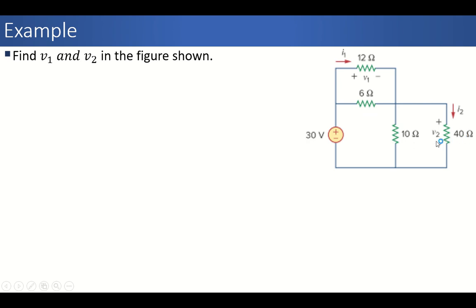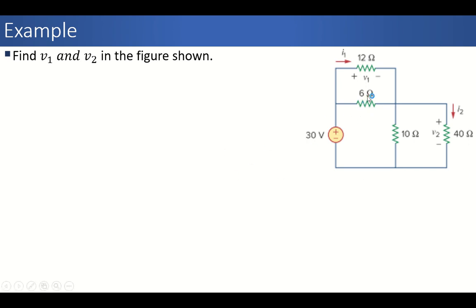Similarly, the voltage across the 40 ohm resistance is V2, and since the 40 ohm resistance is in parallel with the 10 ohm, the voltage across the 10 ohm resistance will be V2, but the currents are different. So I1 here and the current in the 10 ohm resistance are obviously different. So how can we proceed?